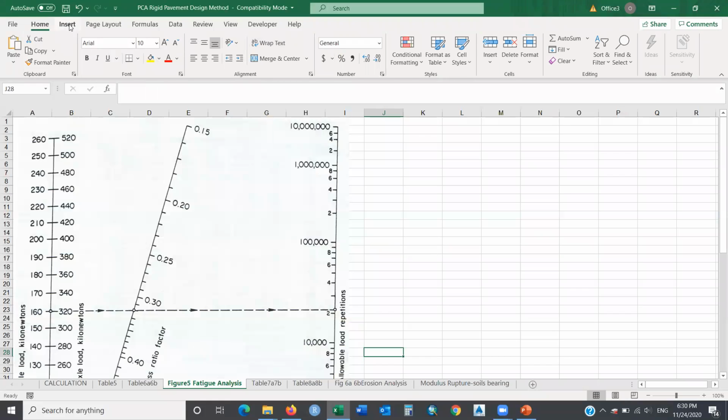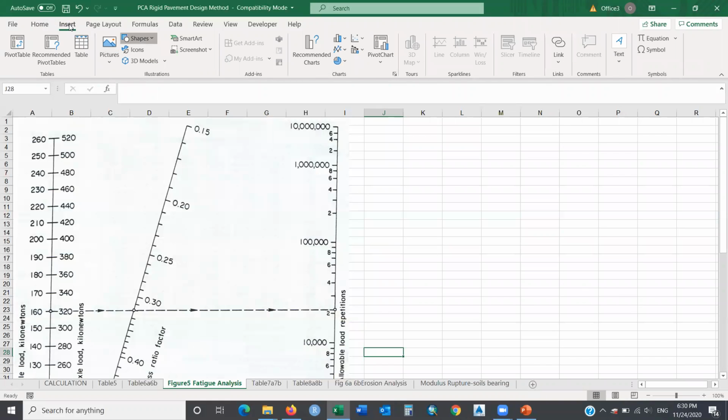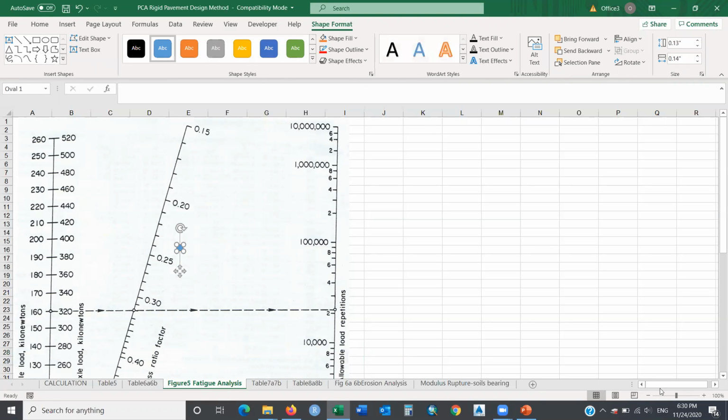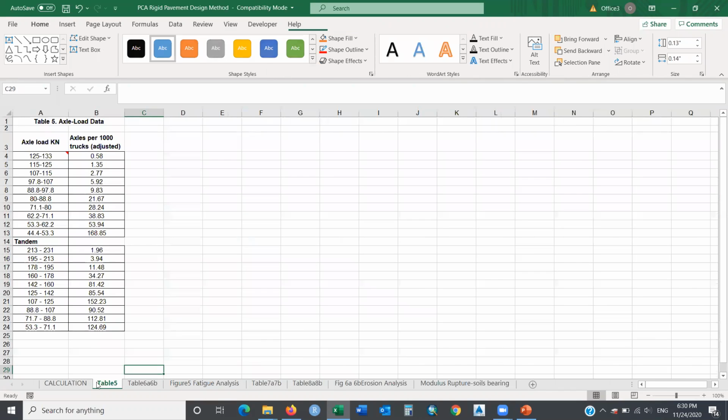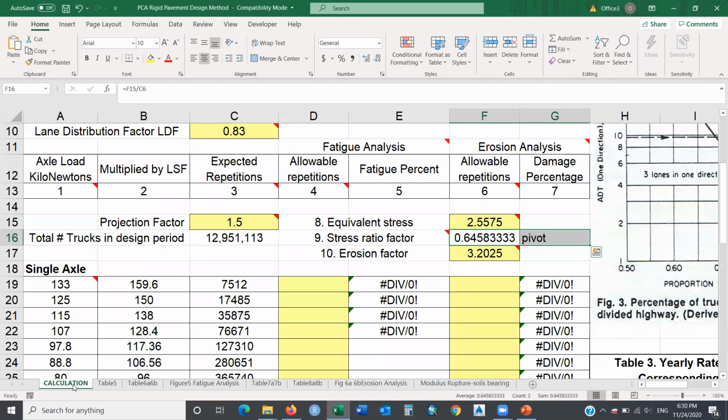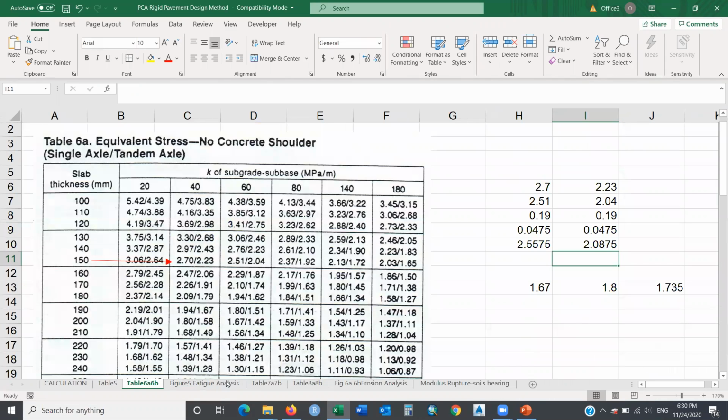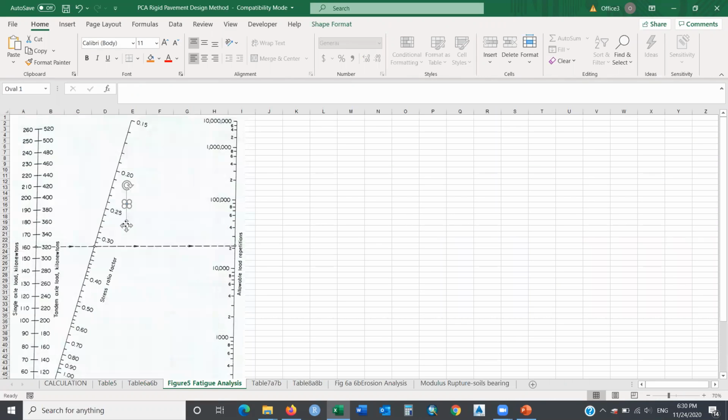So let's see where that is. How much did I say? 0.6458. 0.64 is there. Okay, this is 0.6, this is 0.7.